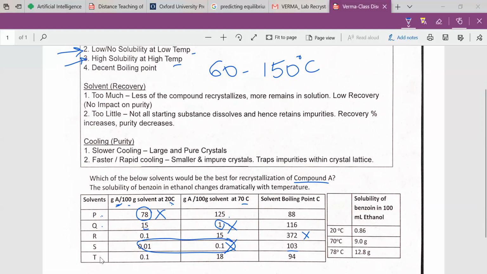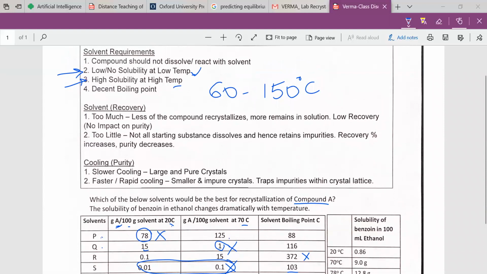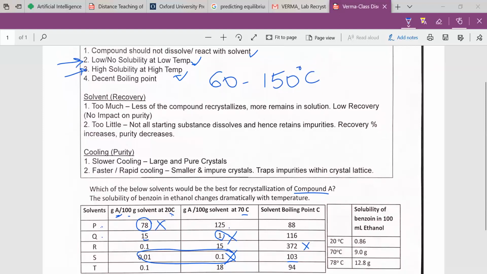When we go to solvent T, at low temperature, there is low solubility, and at high temperature, a high solubility. So requirements 2 and 3 are achieved so far, and we are going to assume for P, Q, R, S, and T that the solvent is not reacting with the compound.